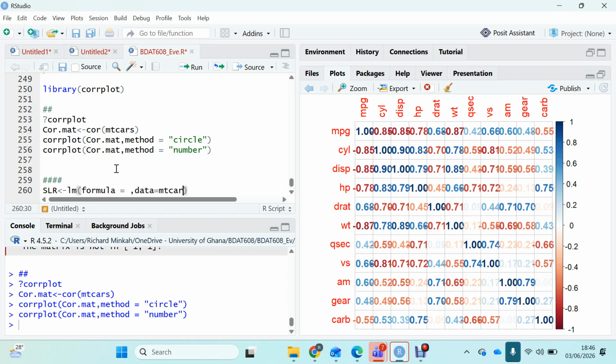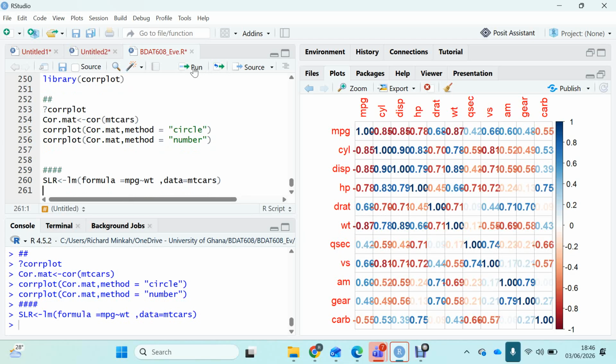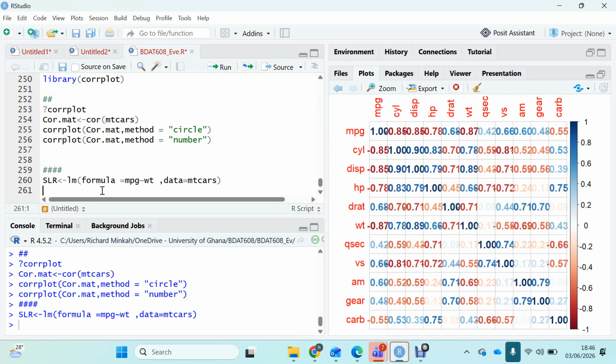So we can get a simple linear regression, let's say SLR. Okay, lm, the formula, then the data is mtcars, right? And then we can do MPG on what? Let's say the most significant is weight.